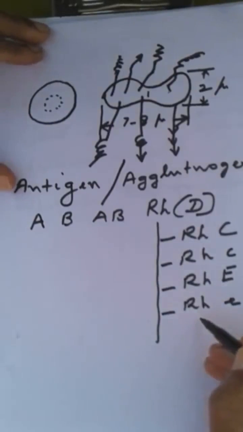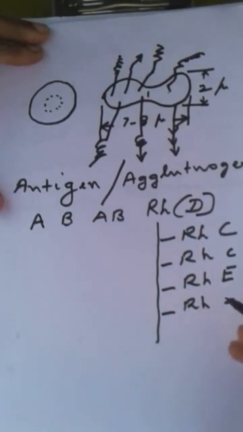Around 49 to 52 RH factors are there, different RH factors.